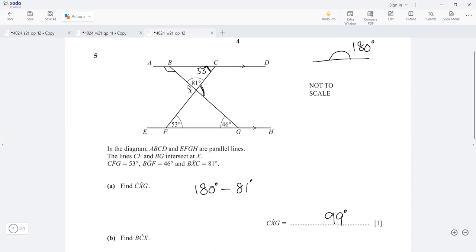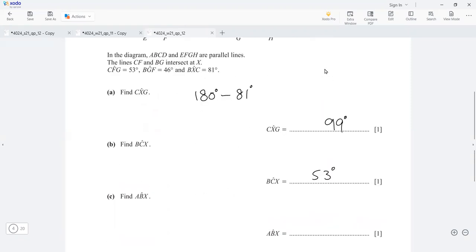These two are interior angles on the same side, meaning angle ABX and this 46 degree angle. Angles on the same side are supplementary. So if we subtract 46 from 180, that will be angle ABX. So 180 minus 46 results in 134 degrees. That is the answer for angle ABX.